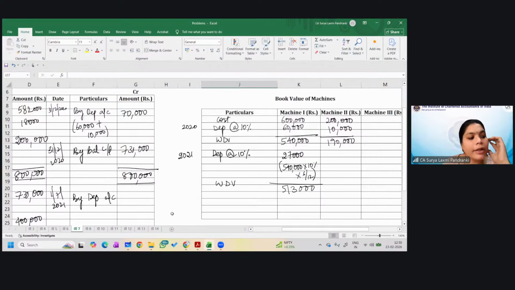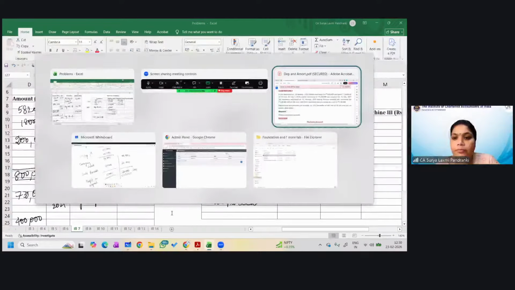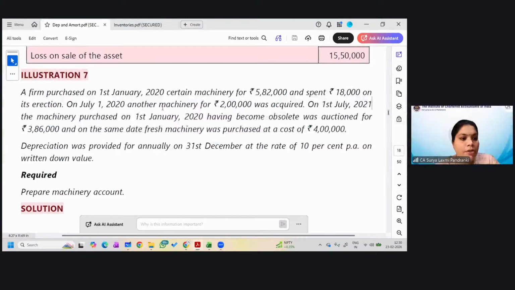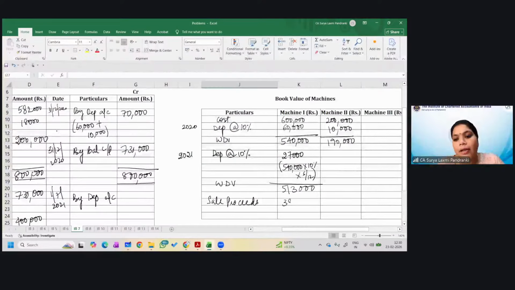WDV is done. Correct. Now what are we going to do? You have provided depreciation, and after depreciation, this is the value. And you have sold it for how much? Sale proceeds is how much? Going back to the question, we sold it for 3,86,000. It is given in the question. So 3,86,000 is the sale proceeds.